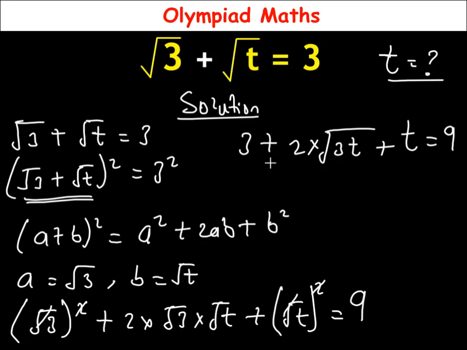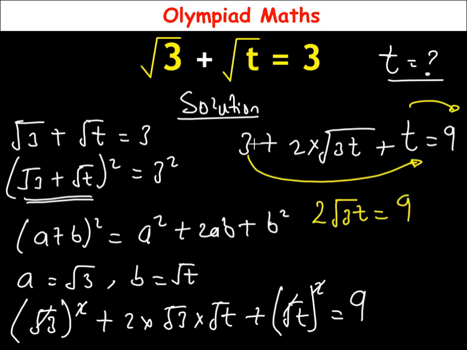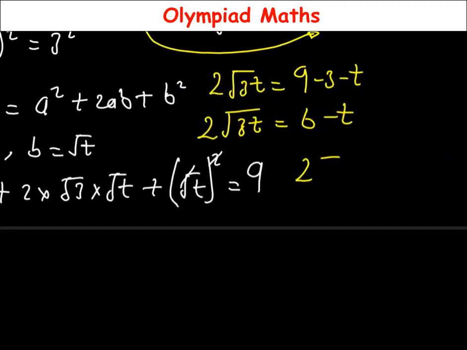At this junction, we move 3 over to this side and also move t over to this side, such that upon doing so we are left with 2 root 3t is equal to 9, then if plus 3 moves over it becomes minus 3, and if plus t moves over we have minus t, such that we have 2 root 3t is equal to 9 minus 3 is 6, then minus t. So from here, 2 root 3t is equal to 6 minus t.